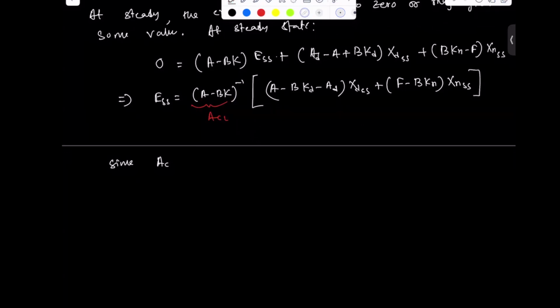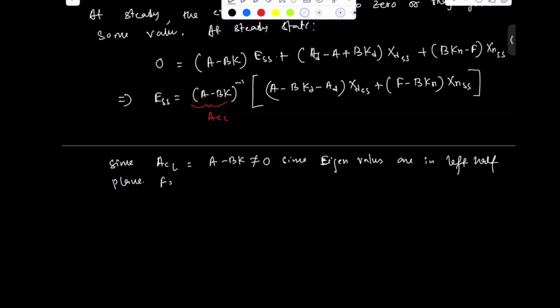So now A_CL equal to A minus BK is not equal to zero, since the eigenvalues are in the left half plane.